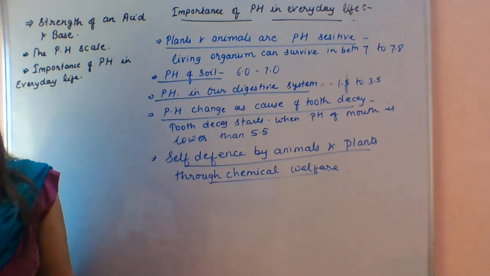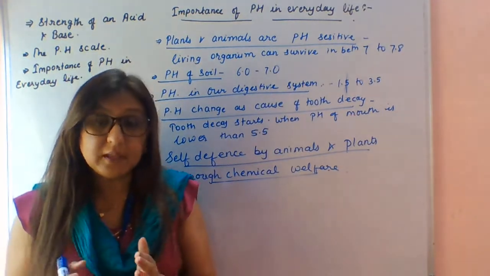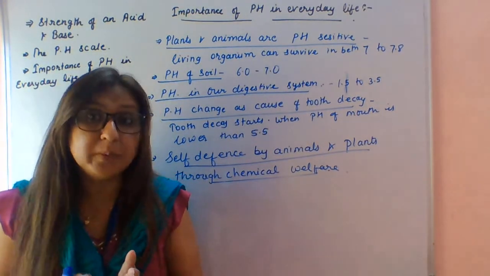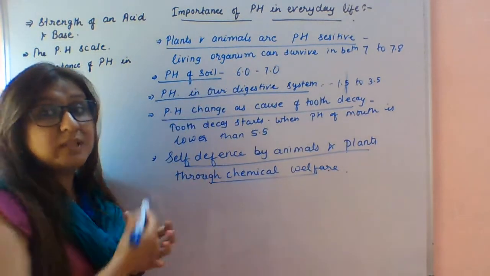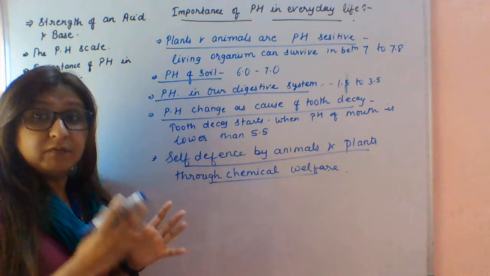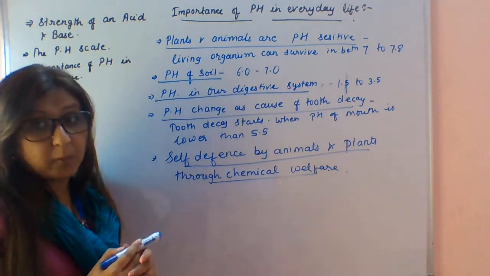Next, pH of soil. For healthy crop production, the pH value of soil has to be maintained. It should be 6.0 to 7.0. Most of the plants will grow very healthy in the range 6.0 to 7.0.